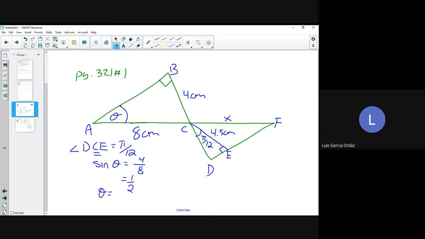Okay, so we get pi over 6 or 30 degrees, okay? So if this is 30 degrees, that means this angle over here has to be 60 degrees or pi over 3, okay?